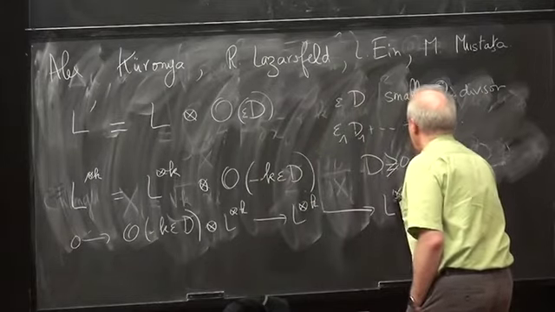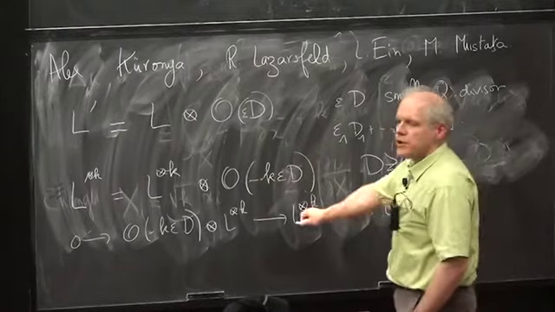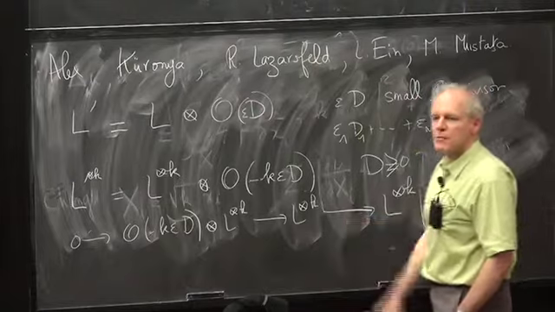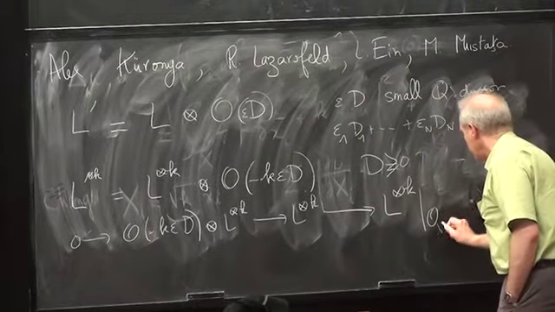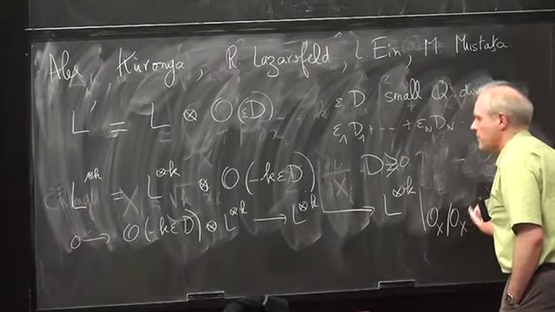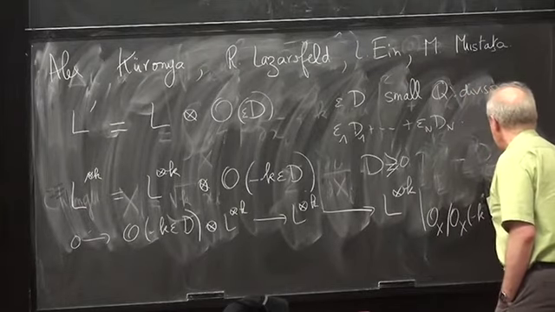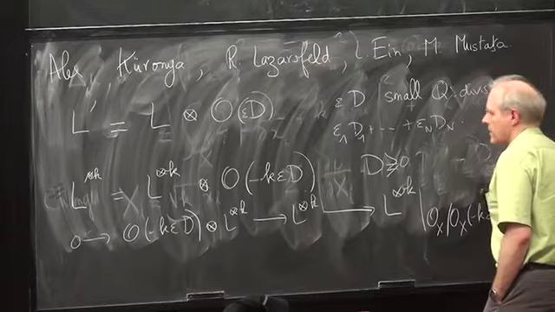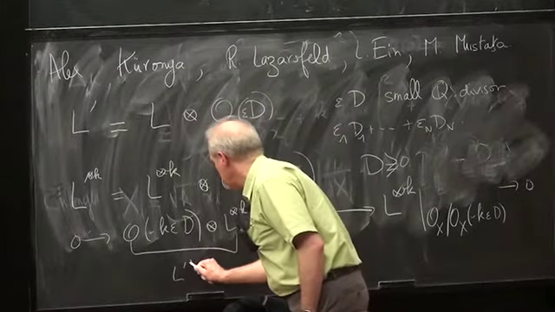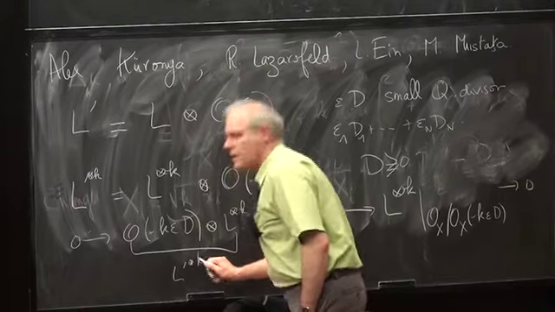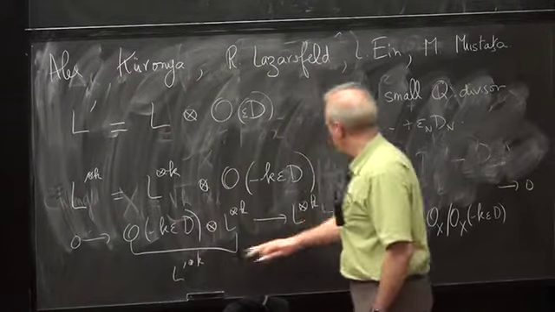Here you look at the restriction of L to the k to some subscheme, which is the subscheme defined by the quotient of O_X by O_X of minus k epsilon D. And then this is the L prime, and you want to compare the cohomology of this and the cohomology of this.